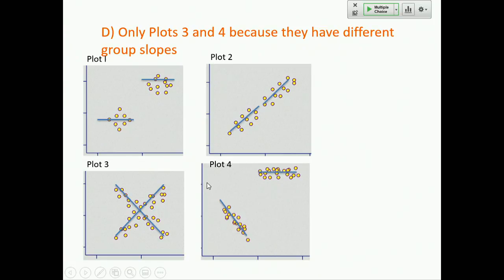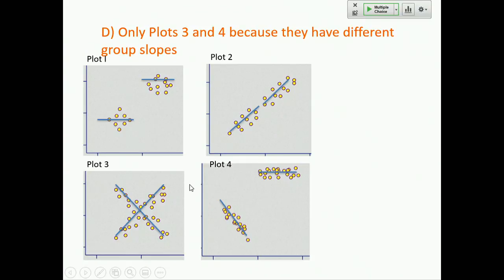Yes, there's no interaction in plot 1 because the slopes are the same. Here's the X and here's the Y, and you have two groups. Do the two groups have the same slope or not? When they have the same slope, there's no interaction. Interaction means that the two groups have different slopes. So the answer is 3 and 4.